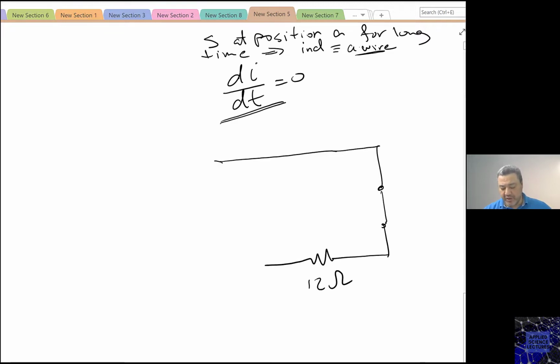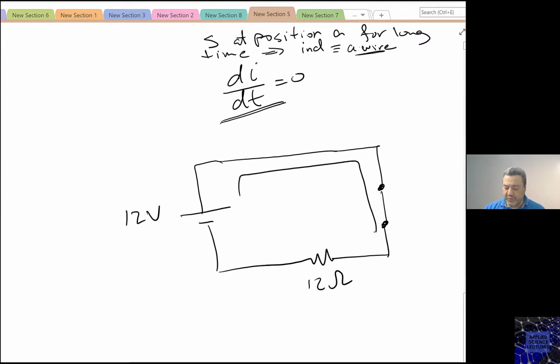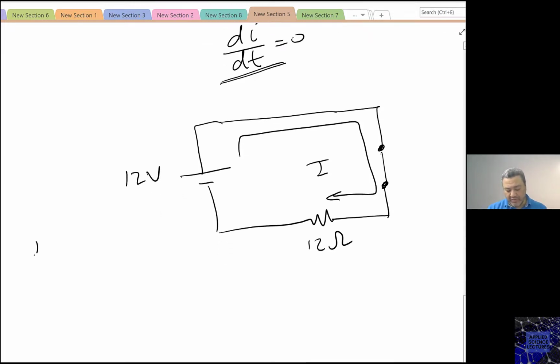At position A, I only have this voltage source, which is 12 volt, and I have this resistor and the inductor as a piece of wire. So what information can I get out of this circuit? The information is the current. So I can now say the current is 12 divided by 12. So the current is 1 ampere.